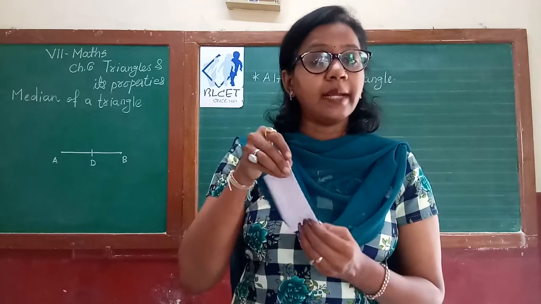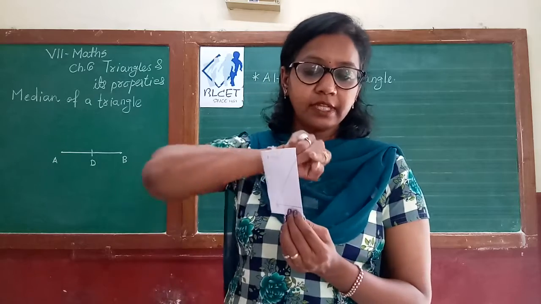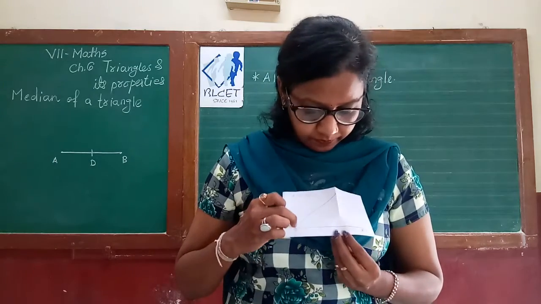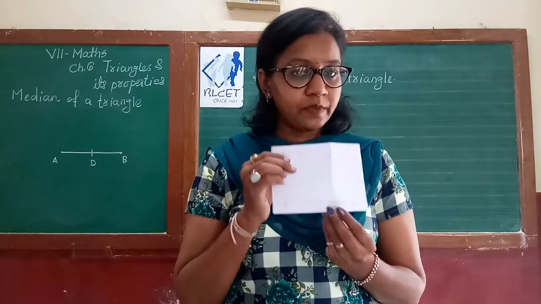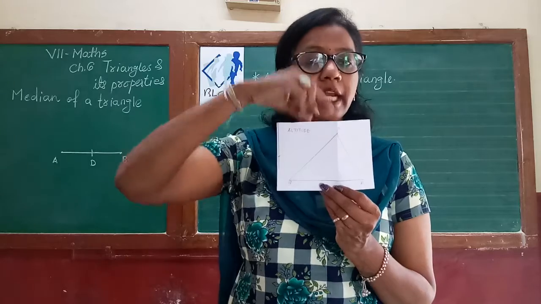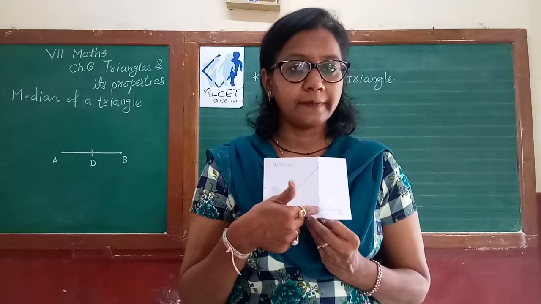What I am doing over here is drawing the perpendicular line which starts from P and intersects QR. So I will get one line segment. By folding it, I am finding the perpendicular which makes 90 degrees over here.